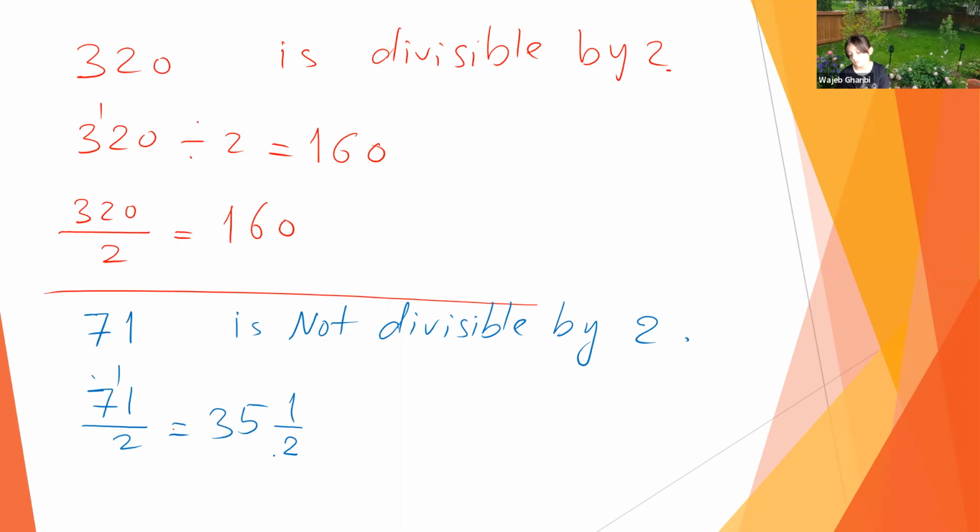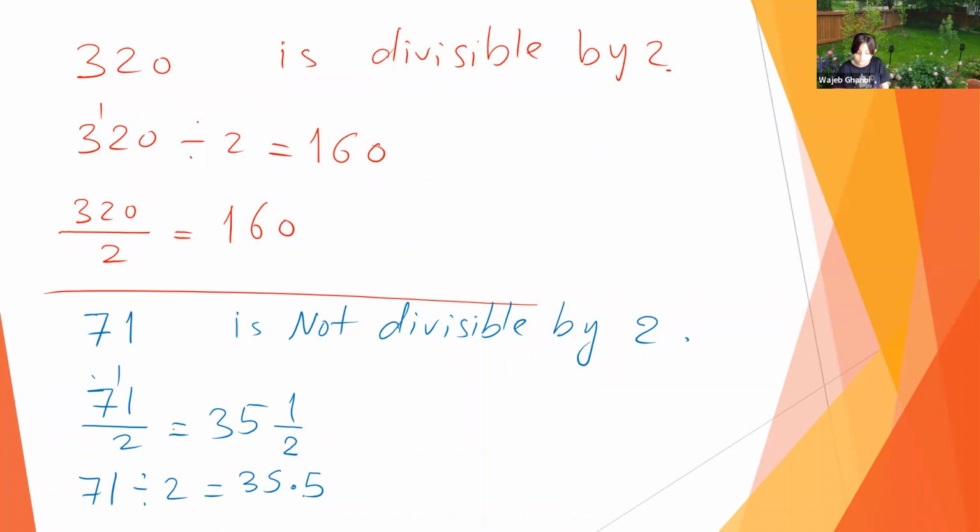We can also write 71 divided by 2 equals 35.5. We will see later how to do this. So 71 is not divisible by 2, and 2 is not a factor of 71.